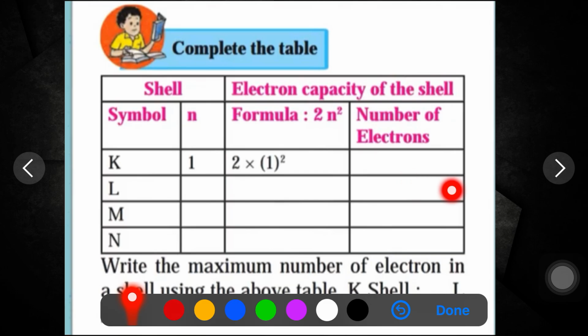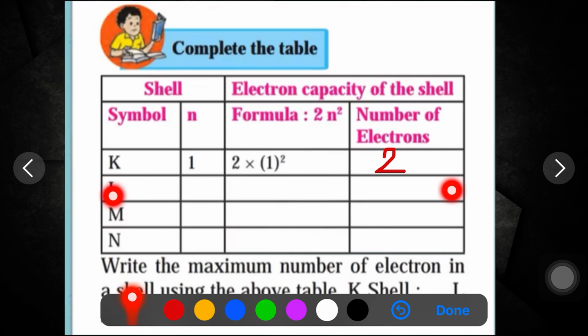As you can see, the symbol K, n means the number of the shell, is 1. First shell is that, so we put the values in the formula. 2 into 1 squared. 2 into 1 is 2. So the number of electrons in the K shell will be 2, not more than that.